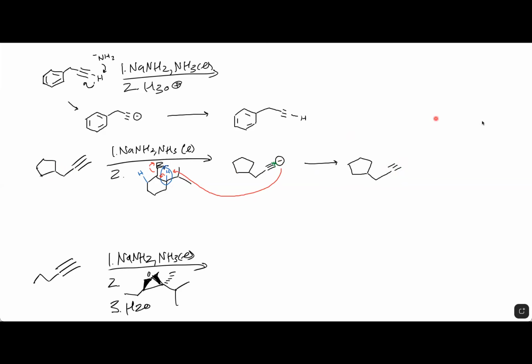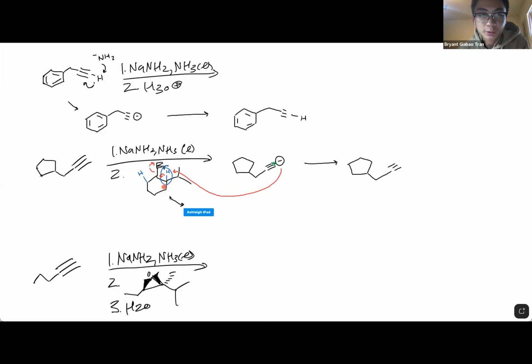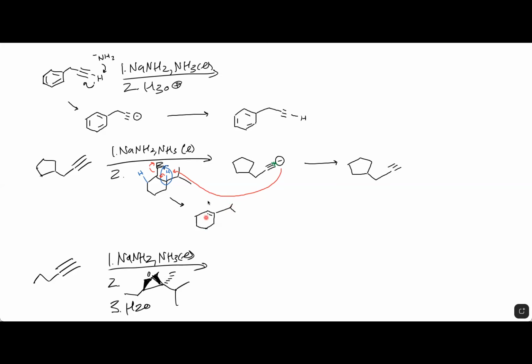And then what would this structure look like now after we did the E2 reaction? Right. Double bond right there. No more bond here because we kicked that bond out. Yeah, that's the answer. This is the main product here, that E2 product, the double bond product.